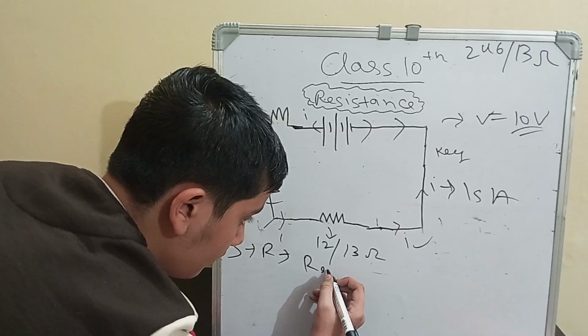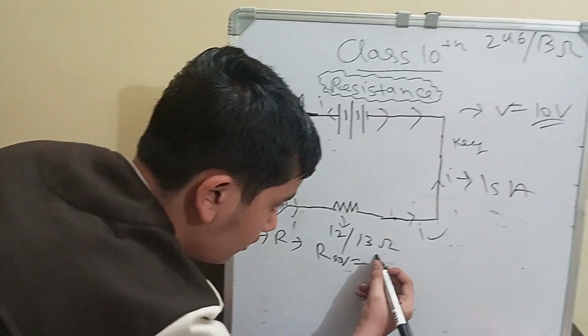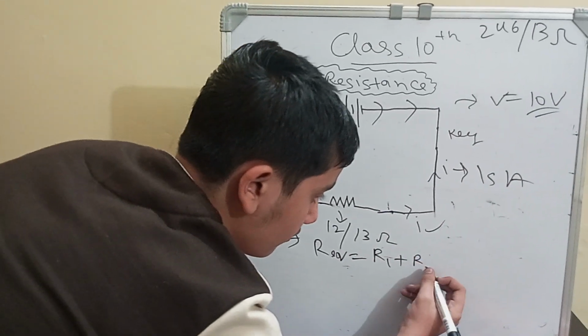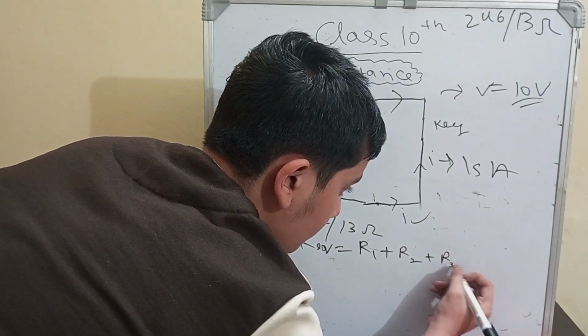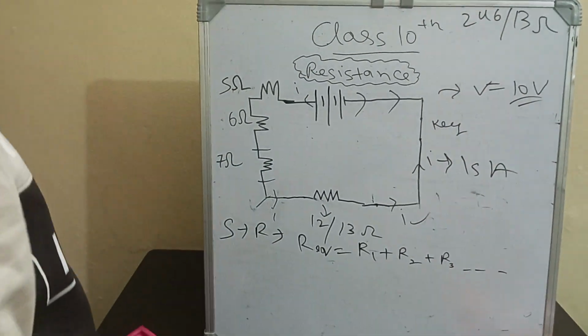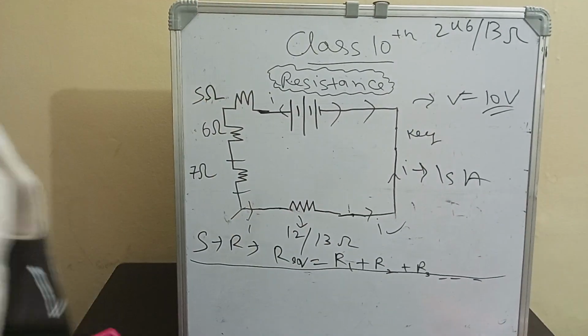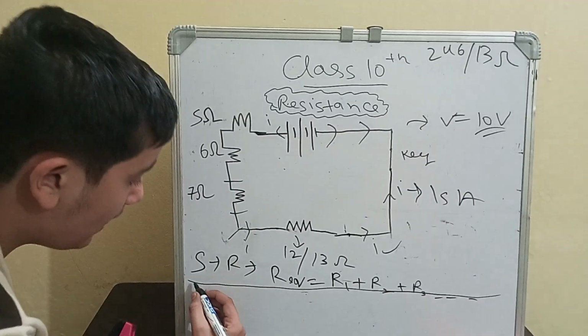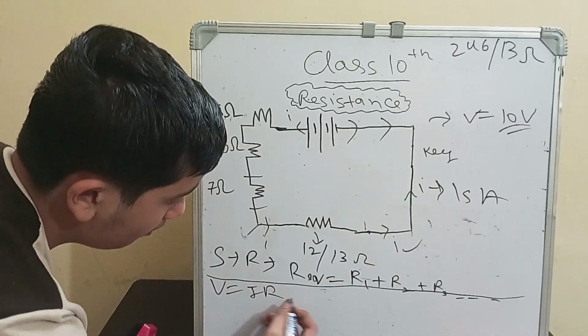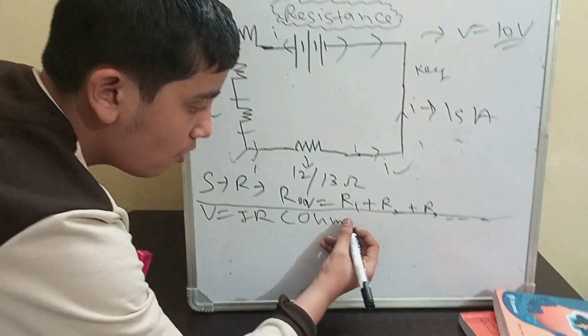You know that we need to derive this. To derive it, let us come back to Ohm's law. V equals IR, Ohm's law.